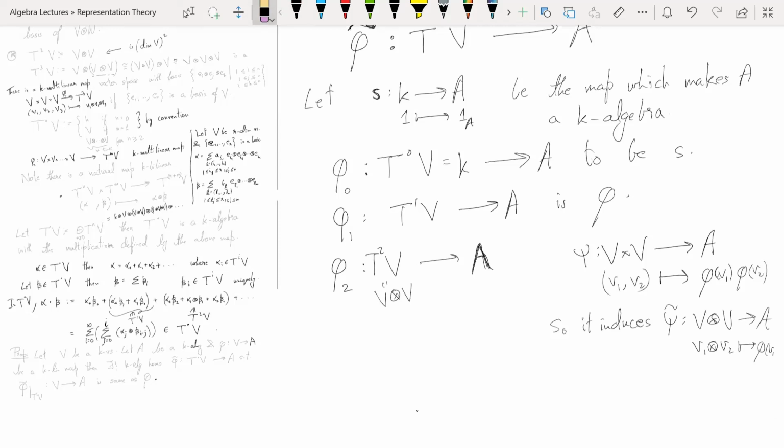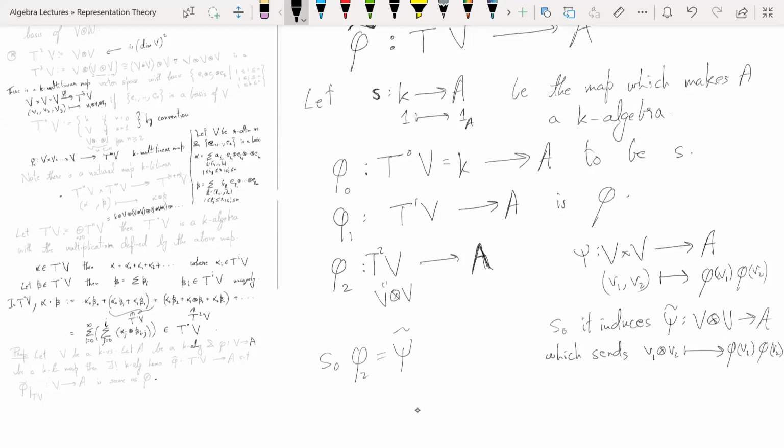Space is a bit of a constraint, so maybe I'll write it here. So phi 2 is C tilde. Okay.